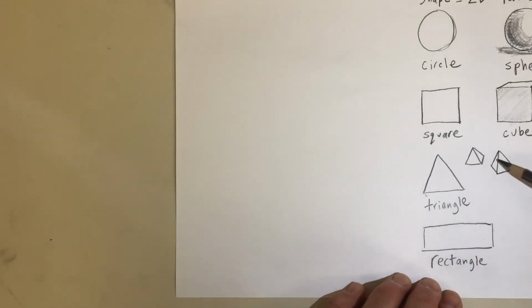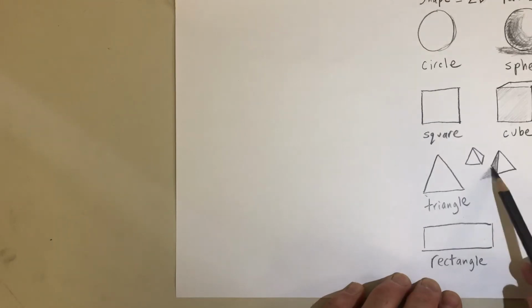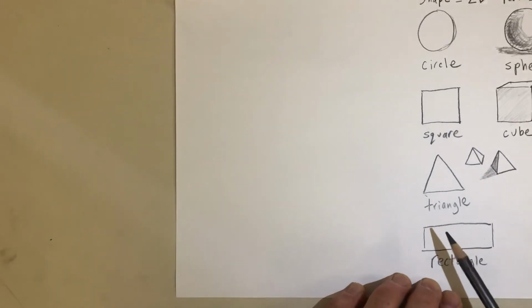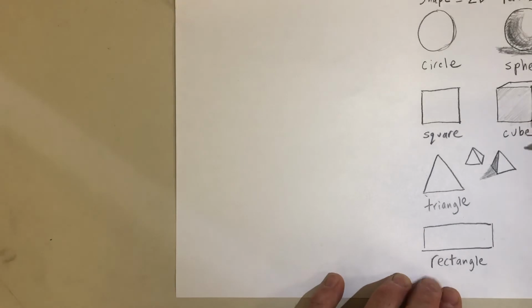Okay, and then we decide where the light's coming from and shade one side and put a little shadow down there. So now you've taken a 2-dimensional shape, a triangle, and turned it into a 3-dimensional form, a pyramid.